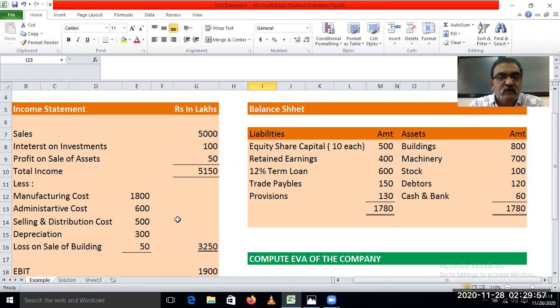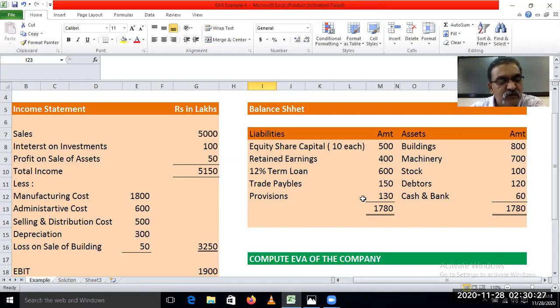Net operating profit after tax we can find out with the help of the income statement. The amount of capital invested, that is debt and equity, we can calculate with the help of the balance sheet. To calculate the weighted average cost of capital, the specific costs we can find out with the help of the income statement and balance sheet.